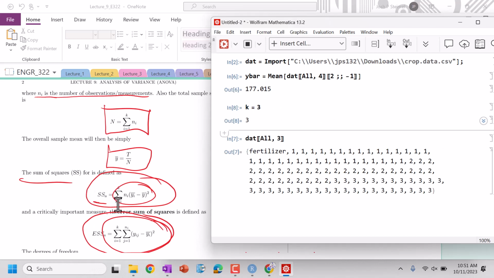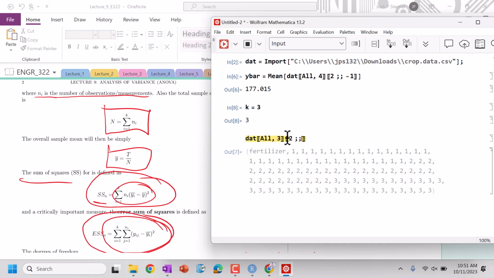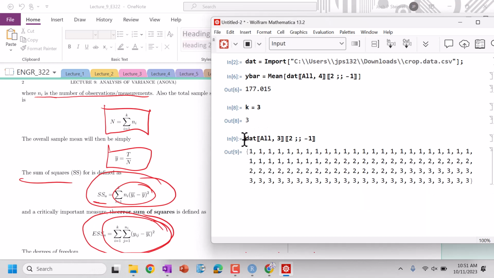So I need to sum from 1 to K, and I'm going to take basically the average Y bar minus the average for each condition. So I'm going to have to take this data set, column 3 equal to 1, and find the position, basically in this list, where does 1 occur?